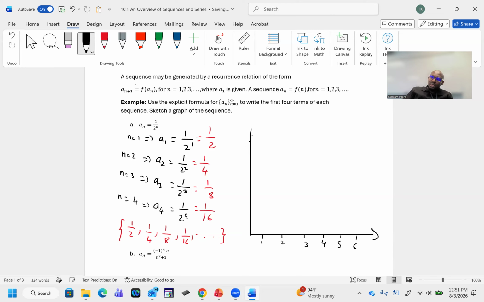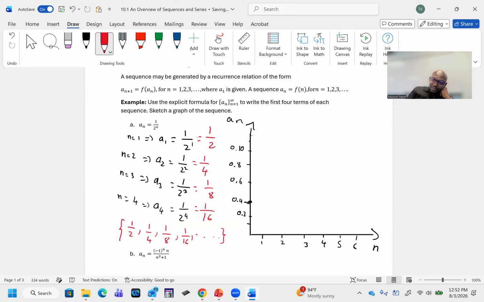This is n, and this is A sub n, which I will mark with 0.2, 0.4, 0.6, 0.8, 1.0.